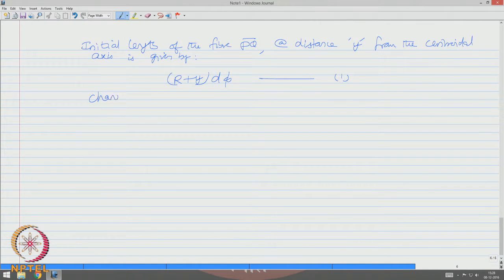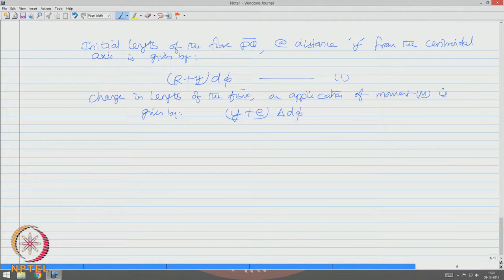Change in length of the fiber on application of moment M is given by (y plus e) delta d phi.